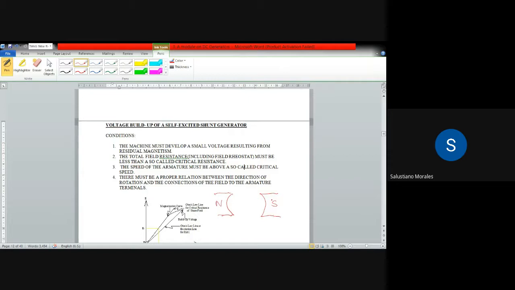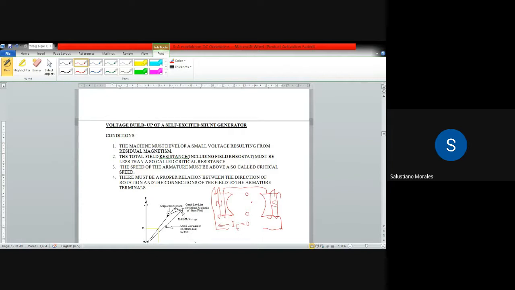If there's no residual magnetism, so if the current that is applied to the field winding is zero, then the flux produced is also equal to zero. So assuming the field current IF is equal to zero and there's no residual magnetism, even if we rotate a conductor and there is no flux that is cut by this conductor, therefore it will not generate any voltage.